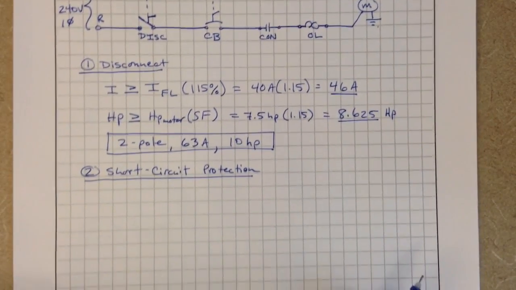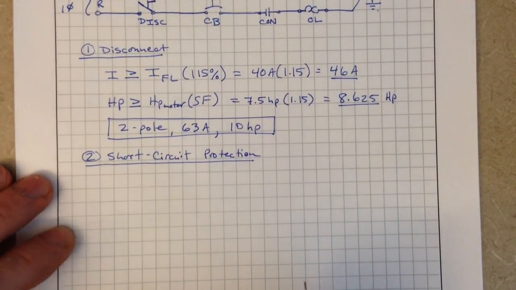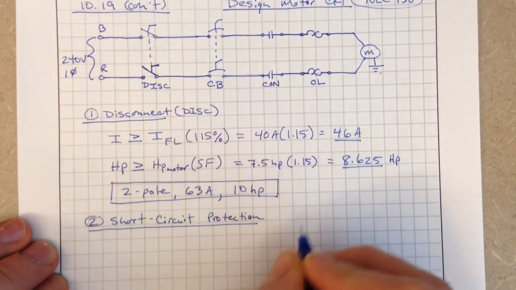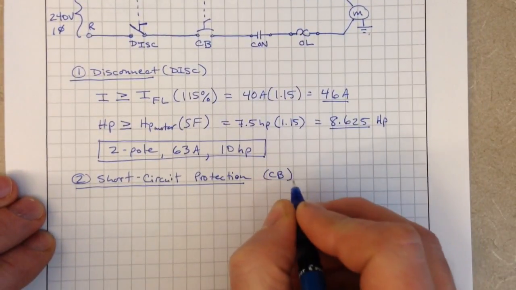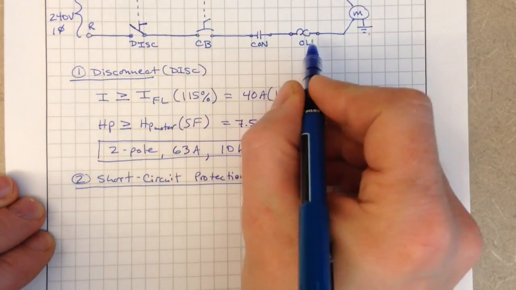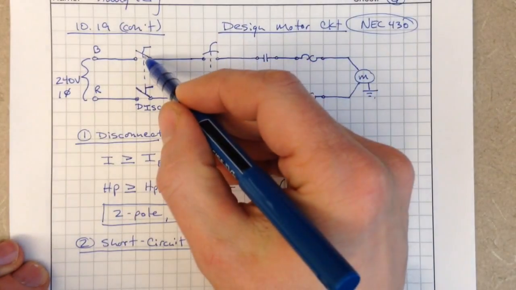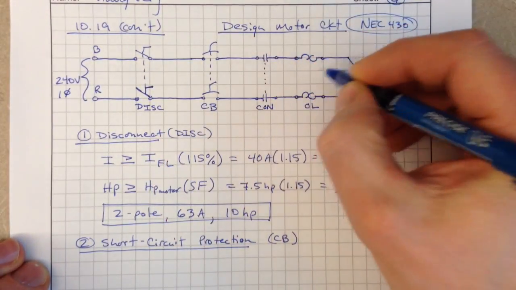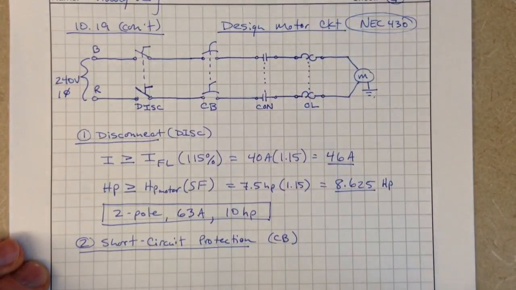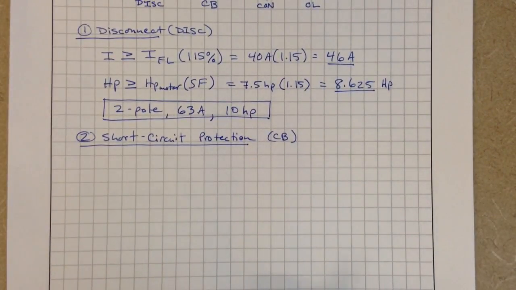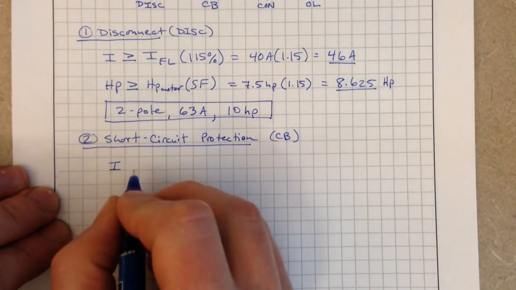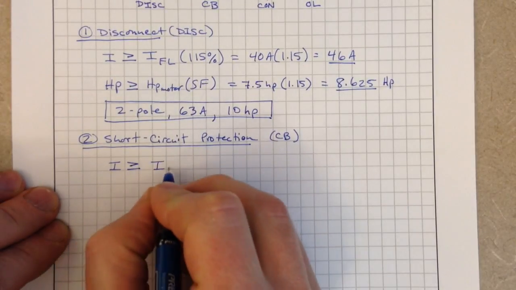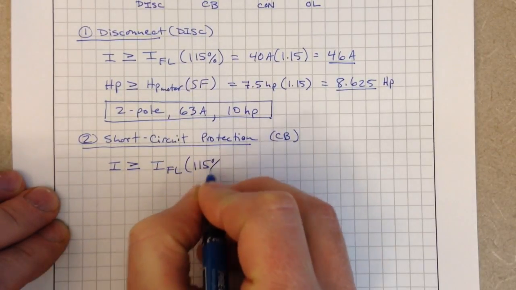So now turning to the short circuit protection, our circuit breaker. We have our disconnect, we have our circuit breaker, and these correspond to the tags I'm giving in this drawing. Just to note, these dashed lines mean they're mechanically connected, so they're part of the same component. For the short circuit current rating of our circuit breaker, we need it to be greater than or equal to the full load current times 115%.